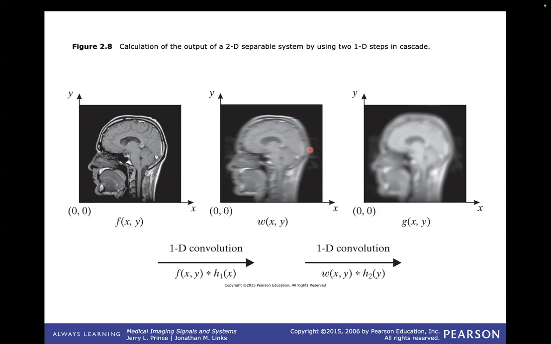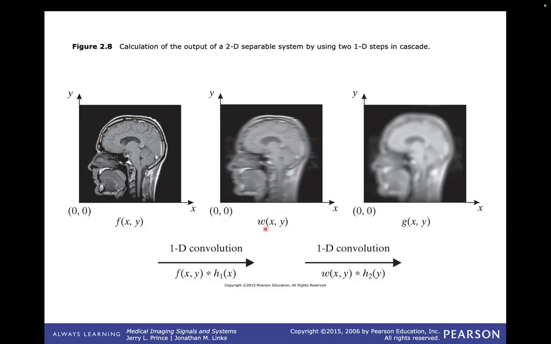If I look at this edge here and compare it with the sharpness of that edge, obviously it's a lot duller now. It just rolls off really slowly. However, when I look at the top of this person's head and I go this way in the vertical direction, it's still pretty sharp. I still have pretty good definition of this, because the convolution in X didn't blur this input in this direction.